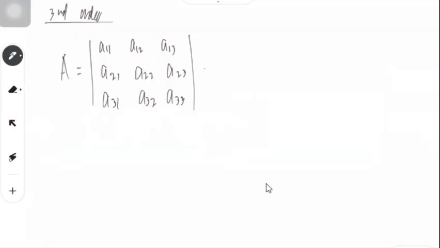Paano ngayon? Kung second column ito, we have here A12 times the cofactor 12. Then plus A22, the cofactor 22. Plus A32, then cofactor 32. You will simply expand.